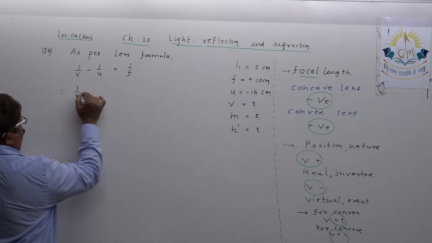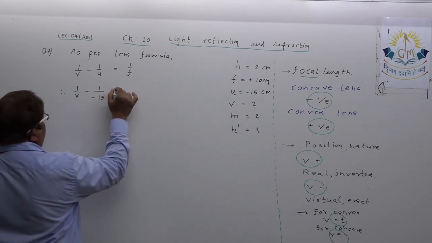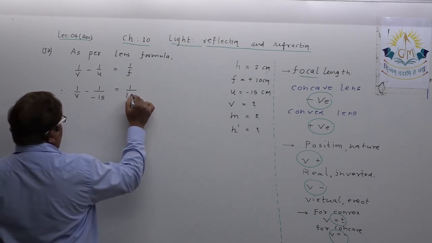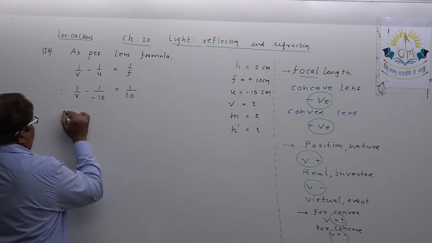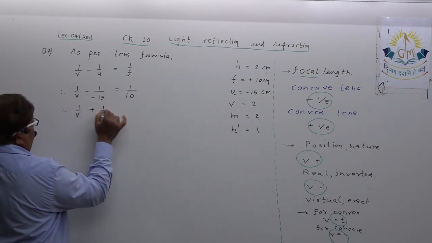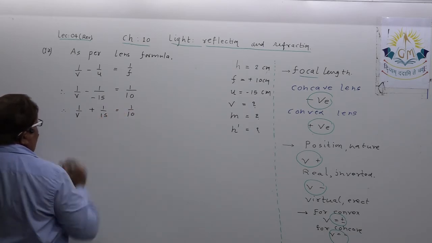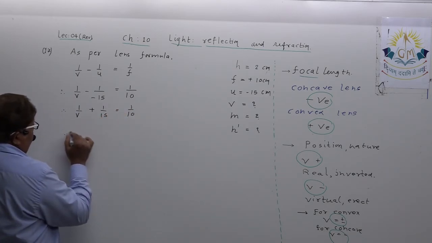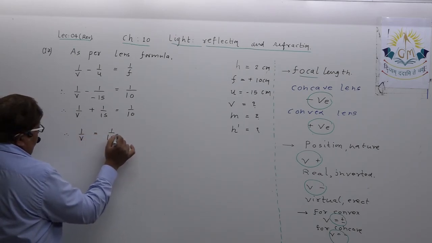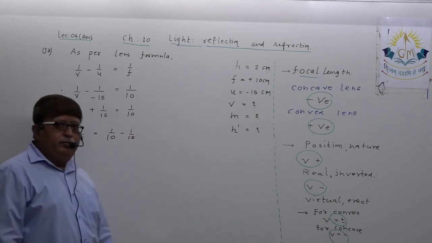We are looking for v, u has been given, f is 10. Okay. Now here 1 upon v minus minus plus 1 upon 15 equals to 1 upon 10. 1 upon v equals to 1 upon 10 minus 1 upon 15.